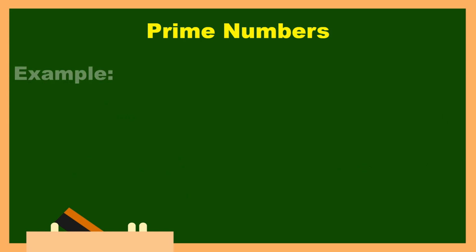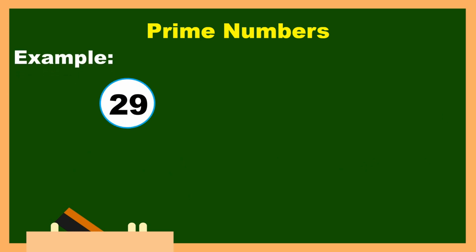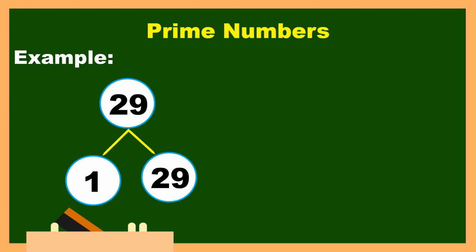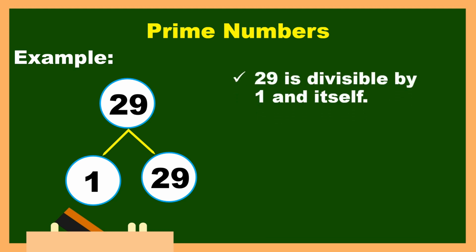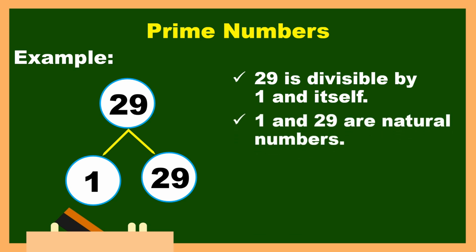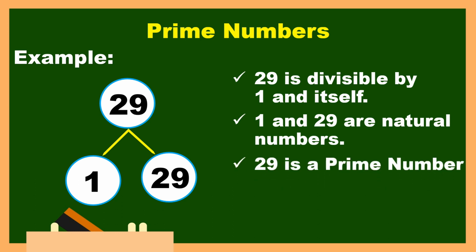Another example of prime number is 29. 29 has factors of 1 and 29. So, meaning, si 29 ay divisible by 1 and itself, yung kanyang mismong number. And 1 and 29 are both natural numbers, kaya si 29 ay considered as prime number.